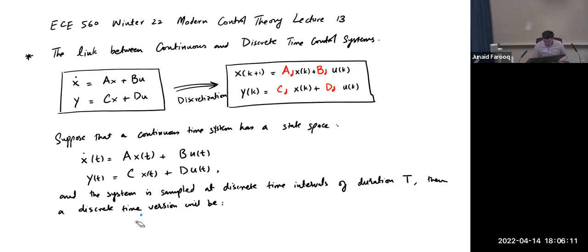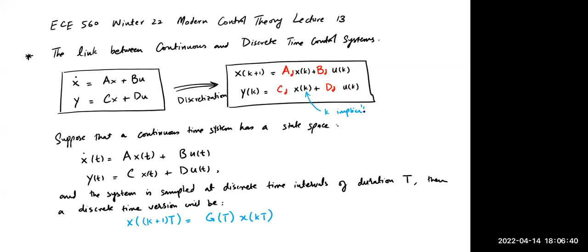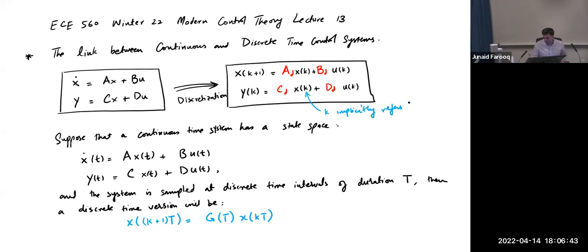We will not have a dot here now. We will have x[(k+1)T] equals some G of T times x of kT. And by the way, when we say here in a discrete time model, basically k implicitly refers to k times capital T, where T is the sampling time.